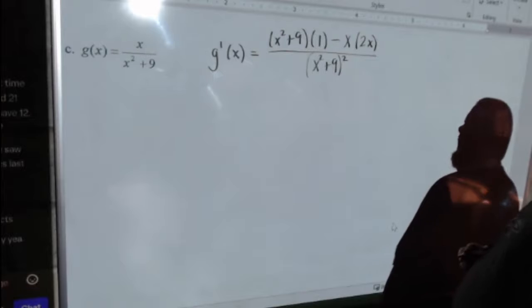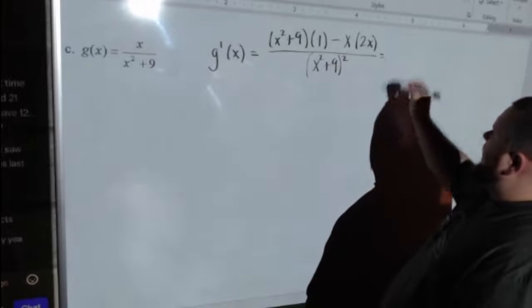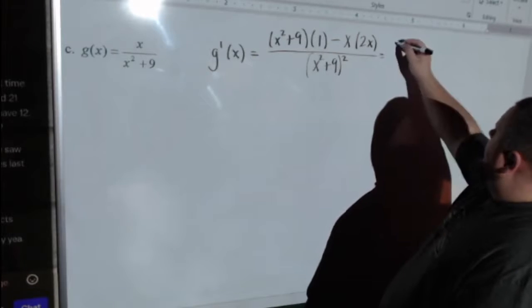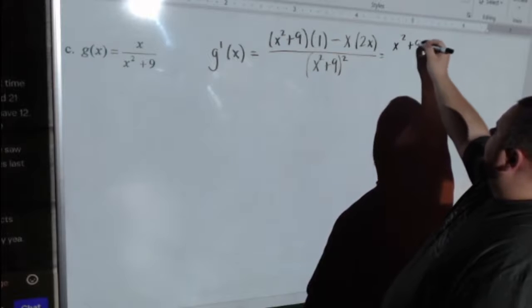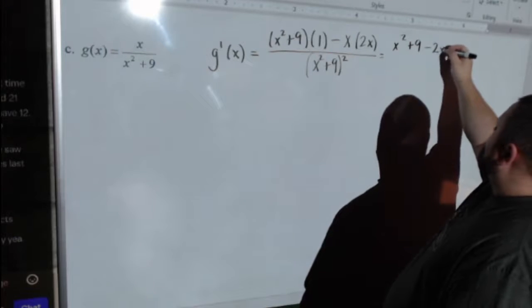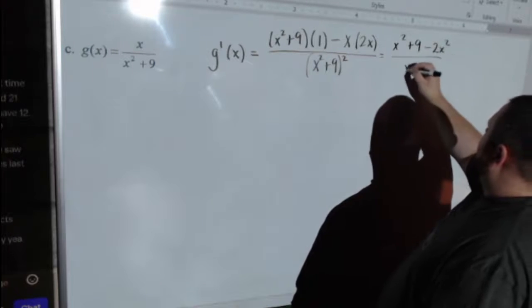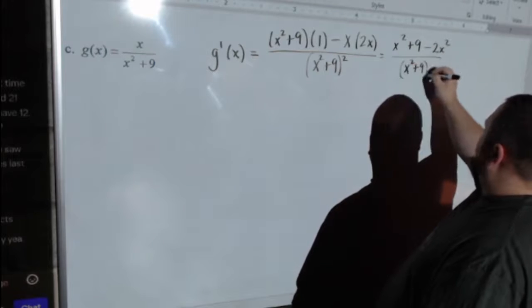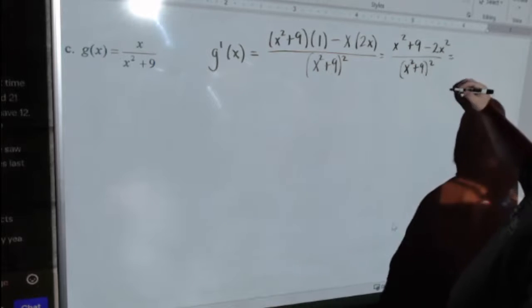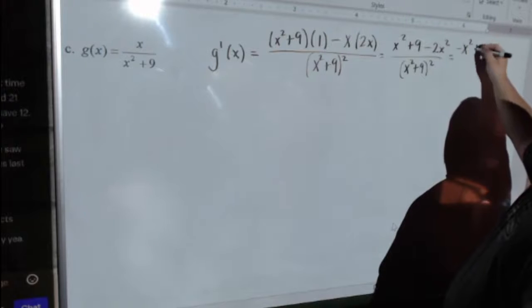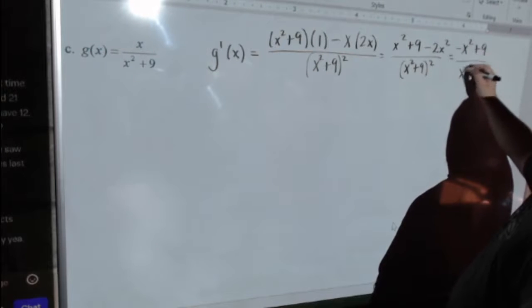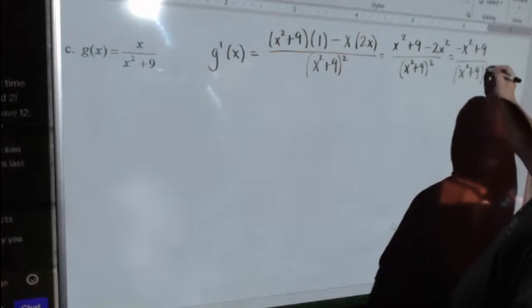Let's simplify that before we take the second derivative. So this is x squared plus 9 minus 2x squared, or minus x squared plus 9, over x squared plus 9 squared.